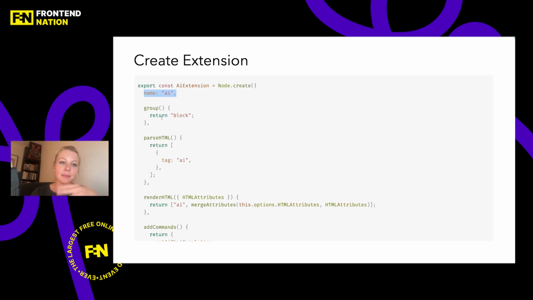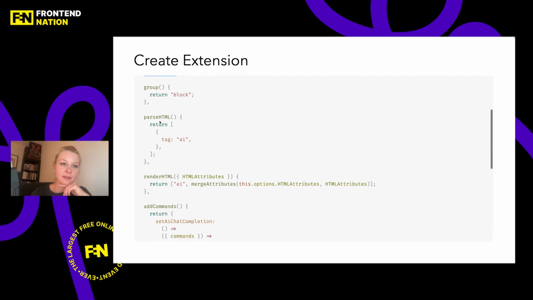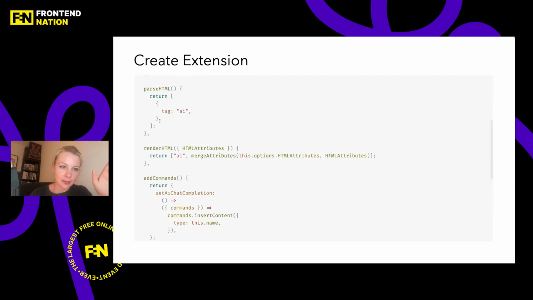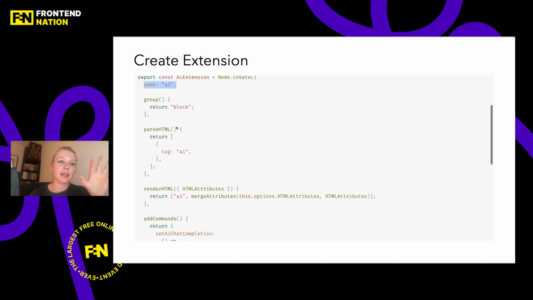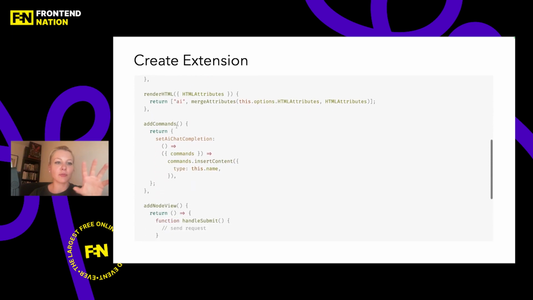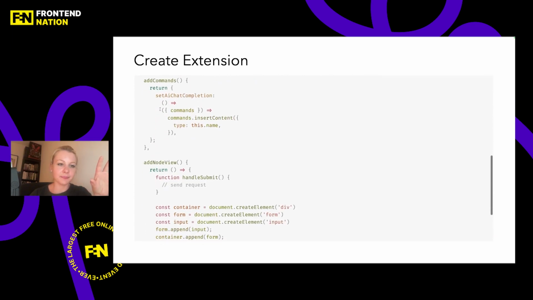It is a block element because we want to have it in a new line. parseHTML is important if you want to load the HTML again, but in our case, the most important part I want to focus on is actually addCommands and addNodeView.